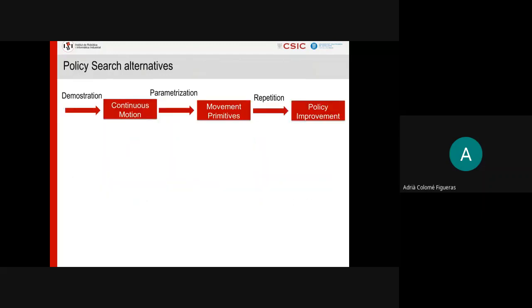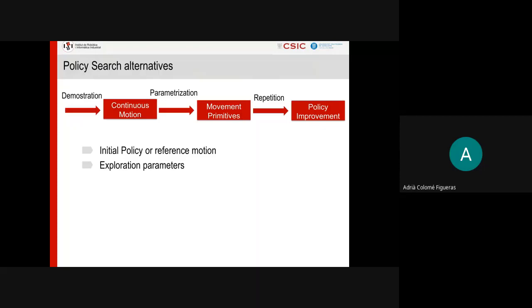Then, given these motion characterizations, how can we make the robot learn? How can we make the robot improve what we have? So we have taught something to the robot. Now we want the robot to autonomously improve what we have taught it. So usually we have some demonstrations that generate an initial policy or reference motion, and then we have some exploration parameters.